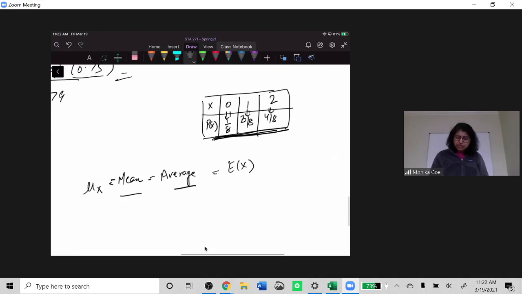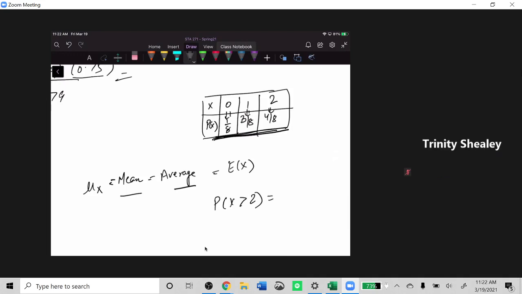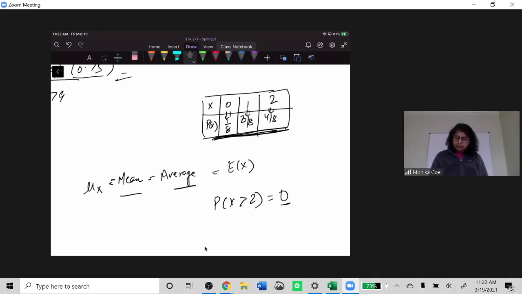Let's say the question is asking you, what is the probability of x greater than 2? Can we find that from this table? No. So what do you write here? 0, because it is not in the table. But if the question says this, is it still 0?